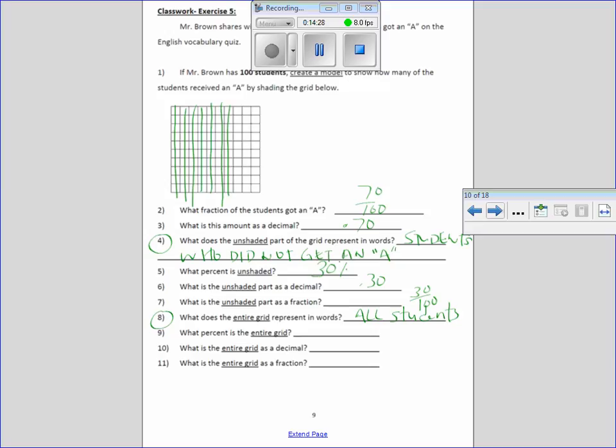As a decimal, what is 100%? Phil, 1.00. Just look, remember the rule, if you're moving it twice to the left. And then as a fraction, 100 over 100, but if you put down 1 whole, I would take that too. It's all related, it's all connected.